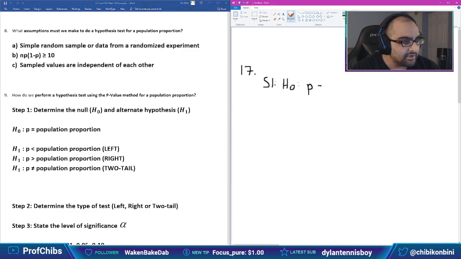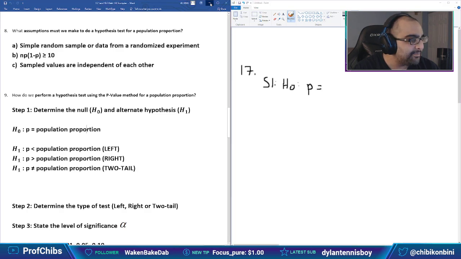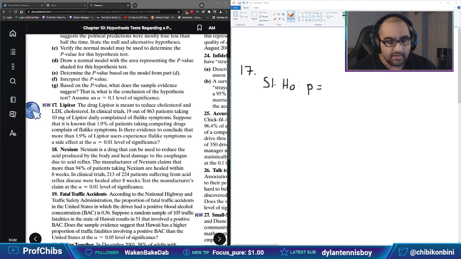So taking a look at the problem, for the null hypothesis, what is the population proportion equal to in this problem?